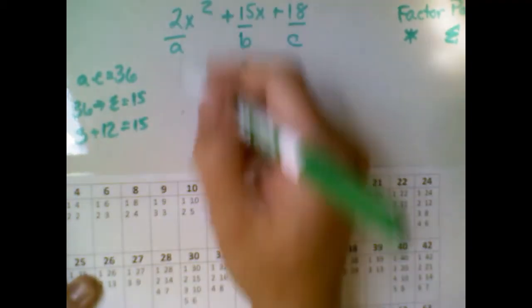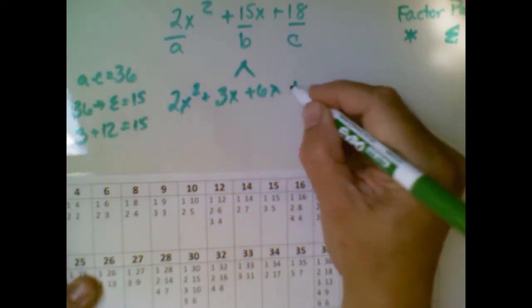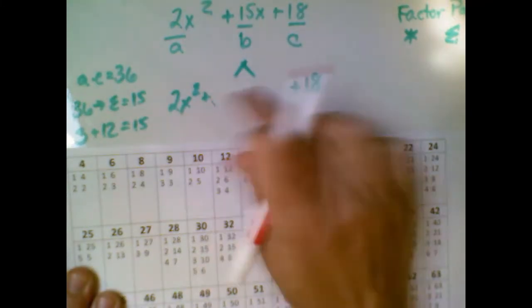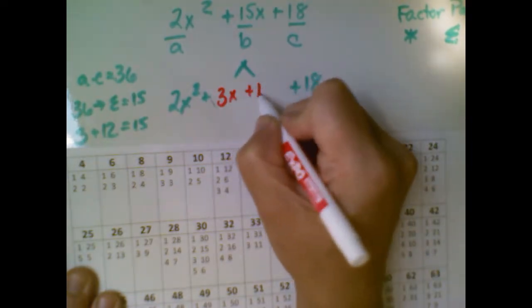All right, and then you rewrite the rest of the equation. So 2x squared plus 18. And if you'll notice, again, what are those two middle terms? 3x, and I don't know why I wrote 6x, but 3x and 12x.